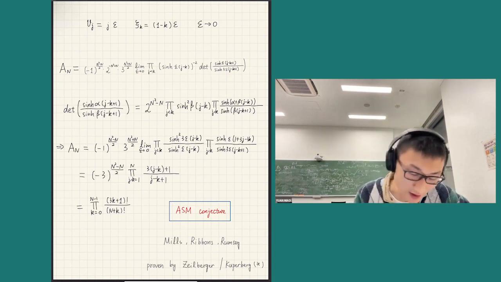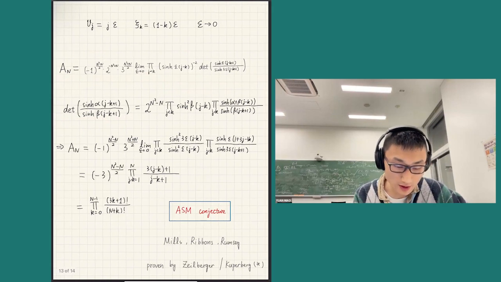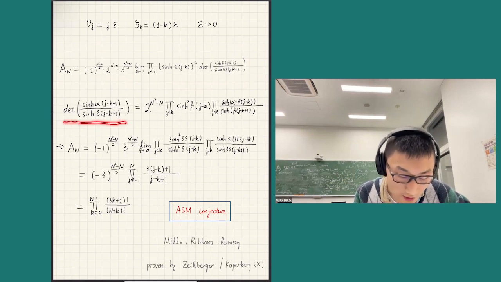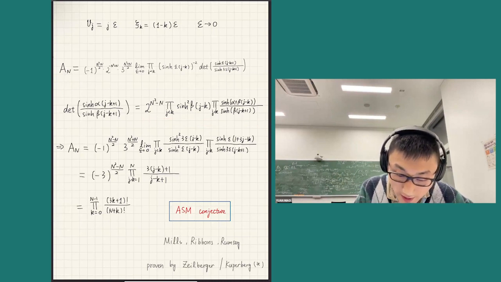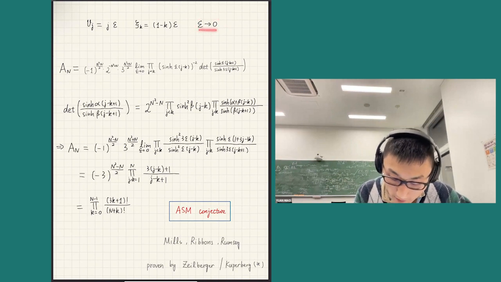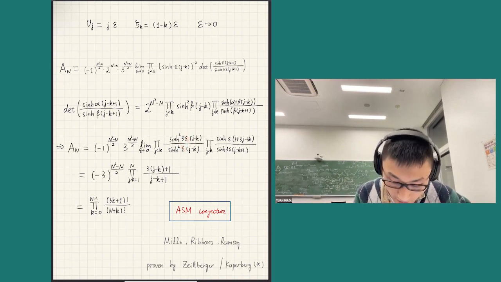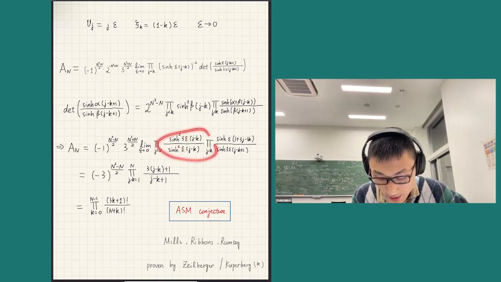Again there's a bit of a trick, related to Cauchy-like determinant identities. One can try to prove that this determinant of this ratio of these two hyperbolic functions can be written in this way. And then by taking the limit when epsilon goes to 0, we can just cancel all the divergences, the zeros and infinities, of this product.